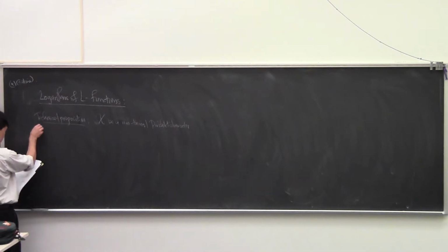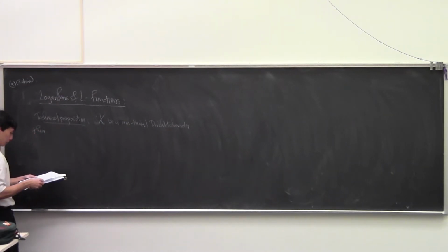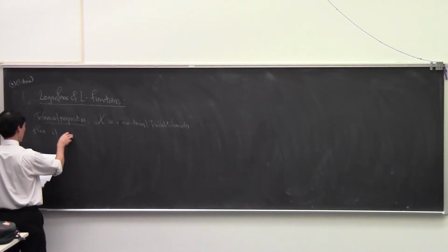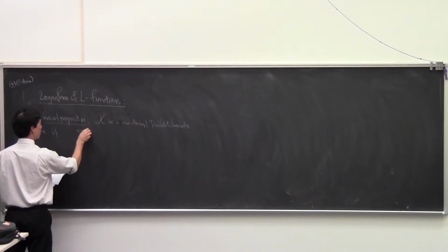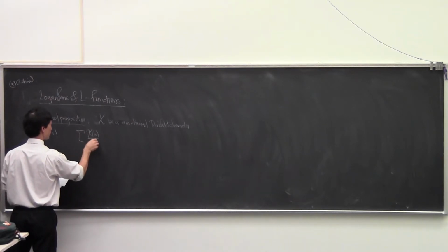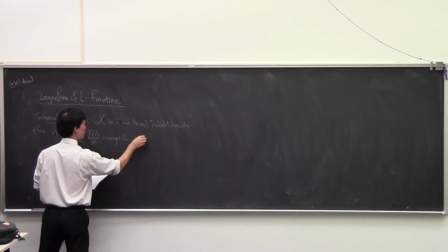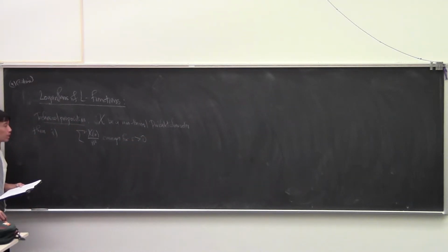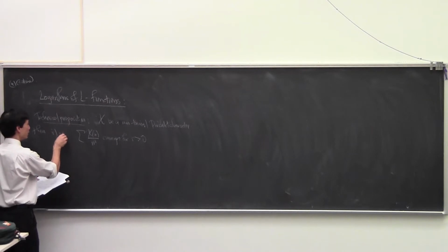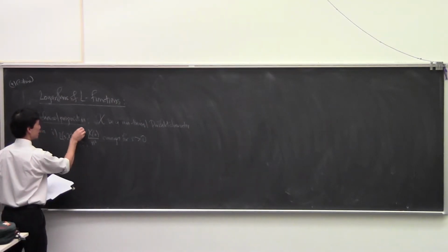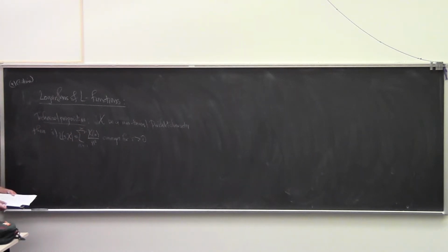Then, one, the definition actually makes sense for s bigger than 0. So the definition of the L function, the series, actually converges for s bigger than 0, not just s bigger than 1. So we can actually extend that.